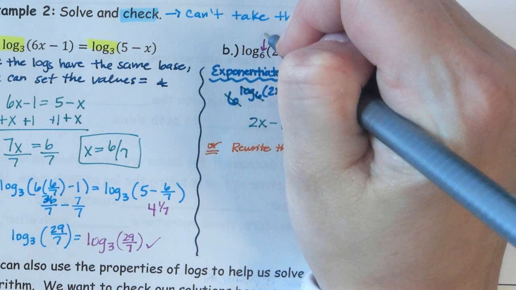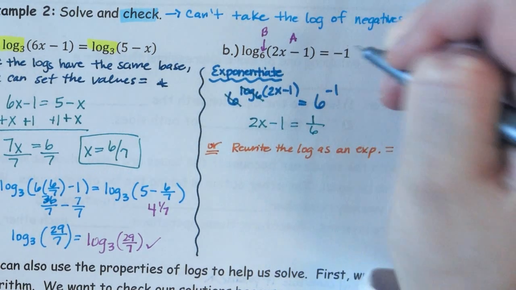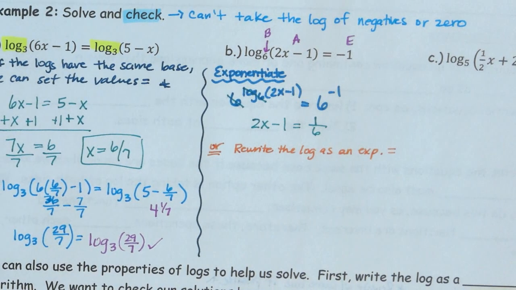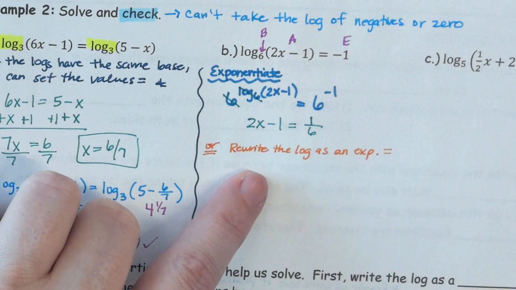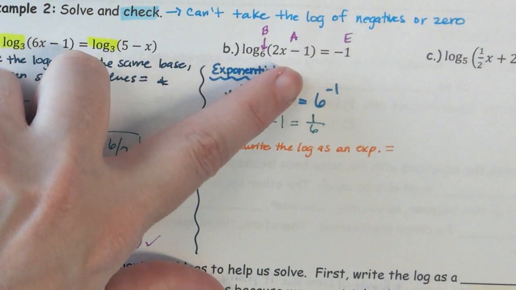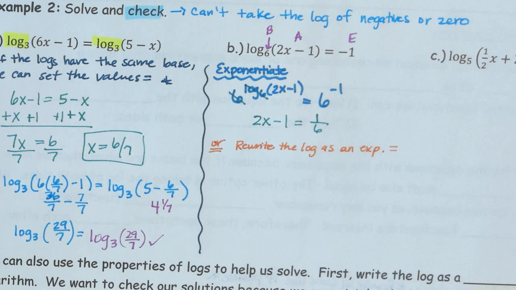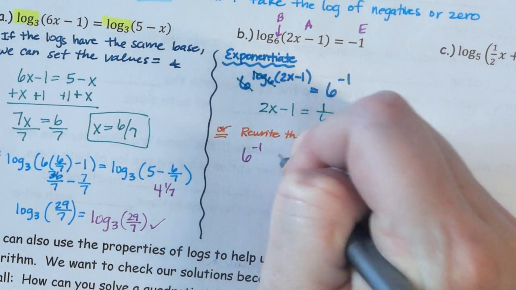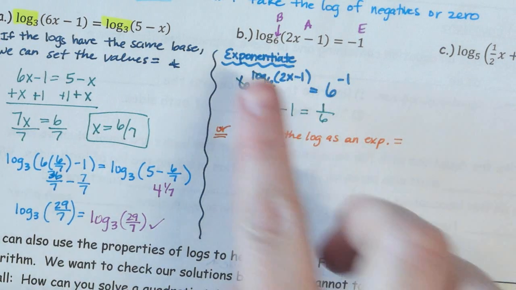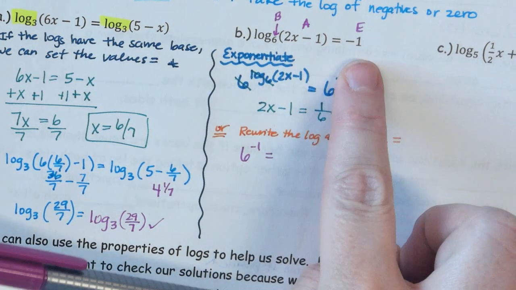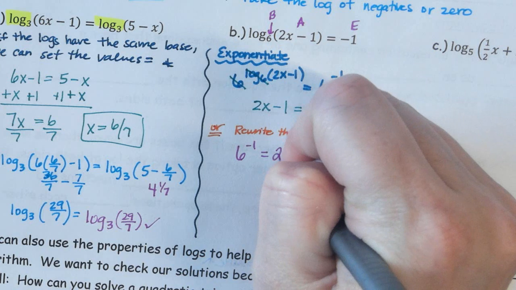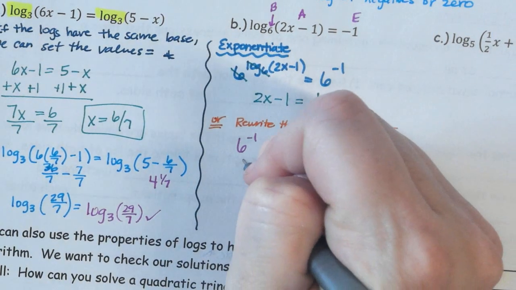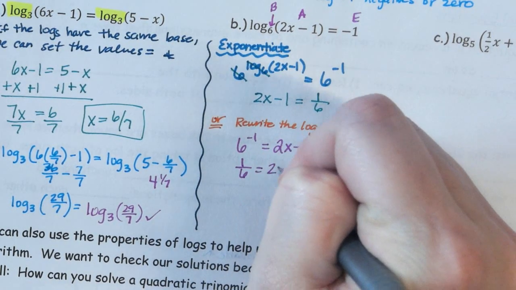So this is your base, this is your answer, this is your exponent. So could you guys rewrite that as the exponential function using the BAE? What would you start with? What's your base? Yeah, so it'd be 6 to the negative 1 equals base, answer, exponent. So your answer would be 2x minus 1. And then look, don't you have the same equation now? 6 to the negative 1 equals 2x minus 1.